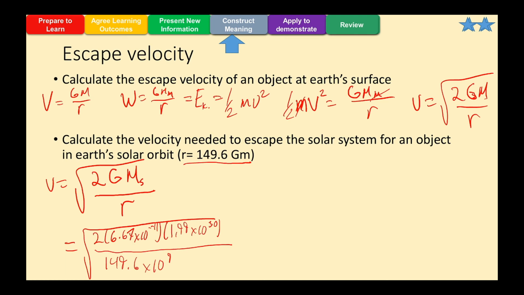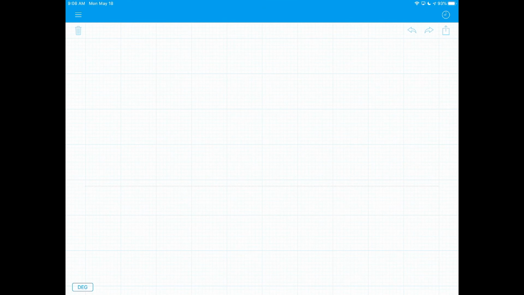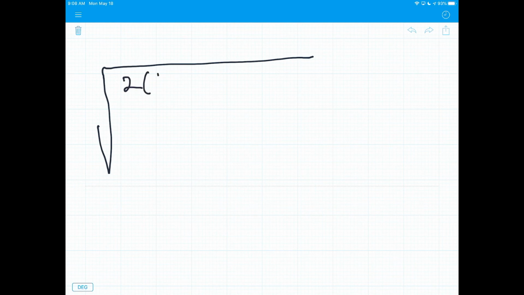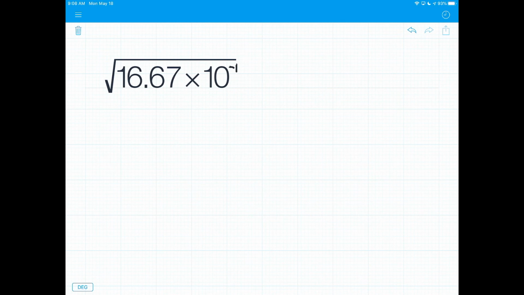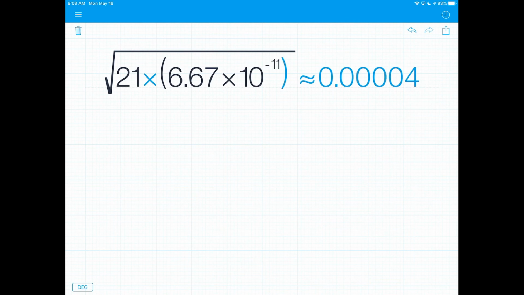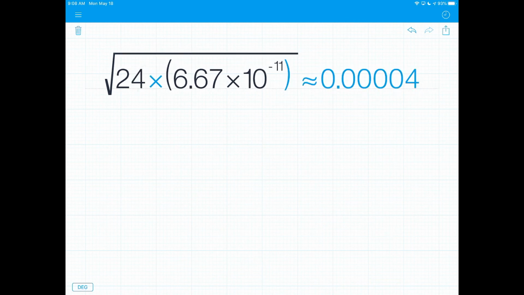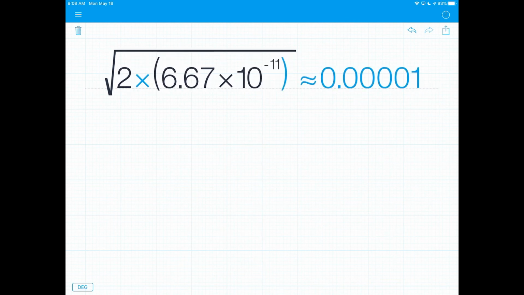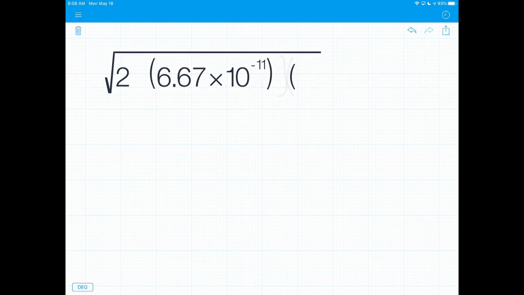So if we then math this out, okay. What did I say? 1.99.